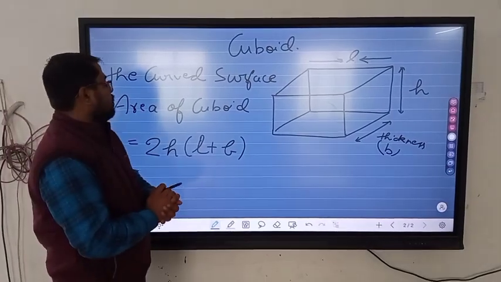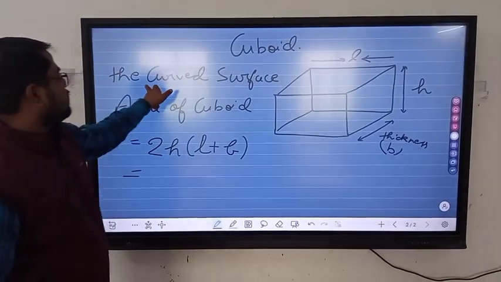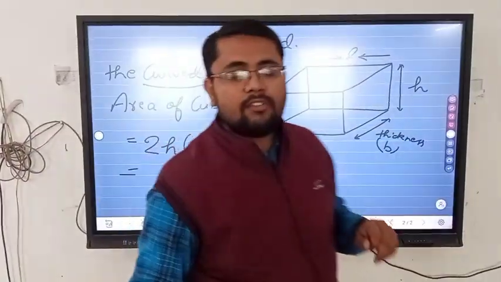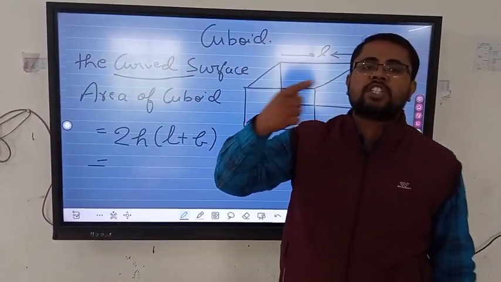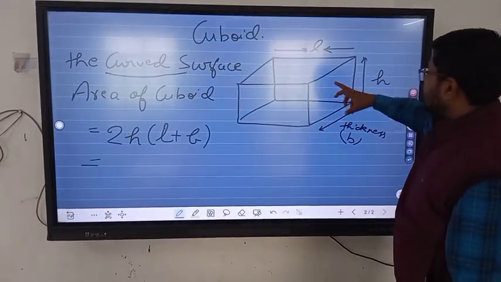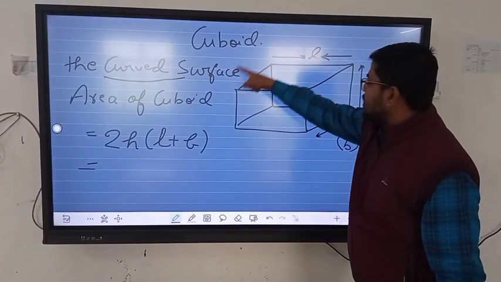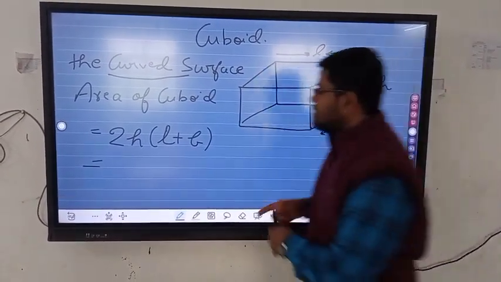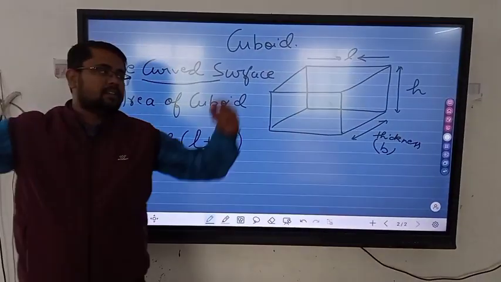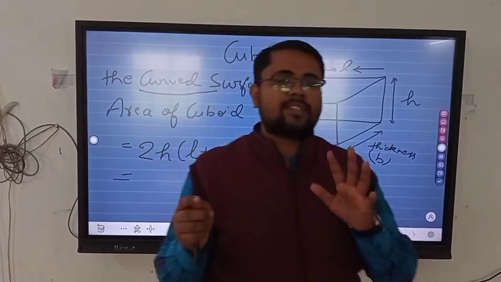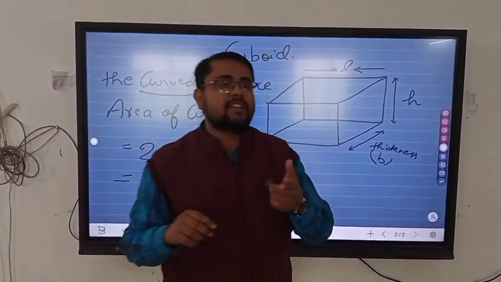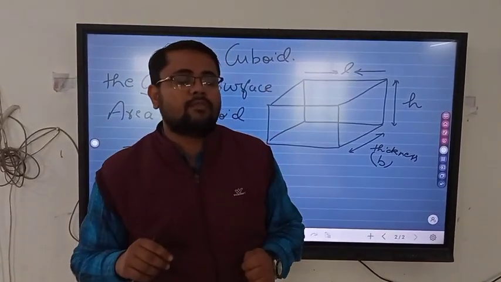Firstly, what is the meaning of curve? Curve means the circular region of the shape. So the circular region of that shape is this, means this side. Just take an example of your class. Your class has total 6 faces, but in curved surface area we take only four regions.